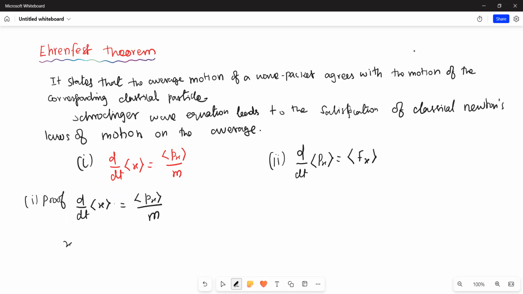So here x is the position coordinate of a particle of mass m at any time t.